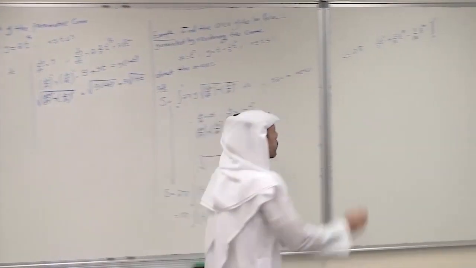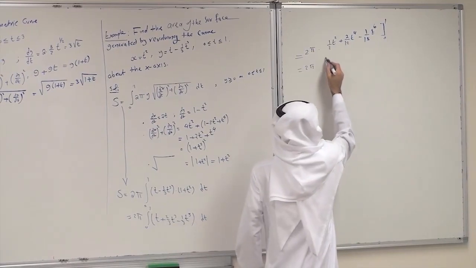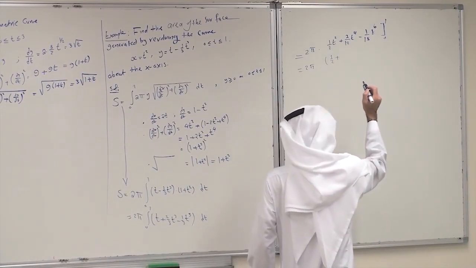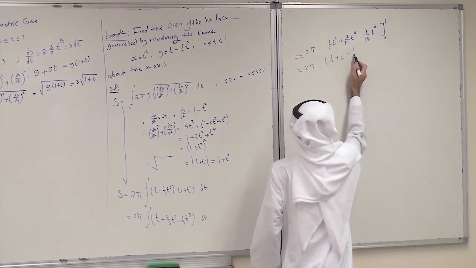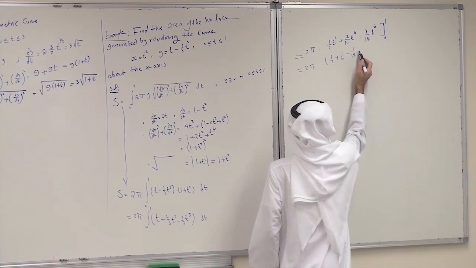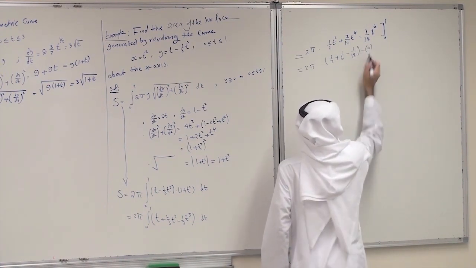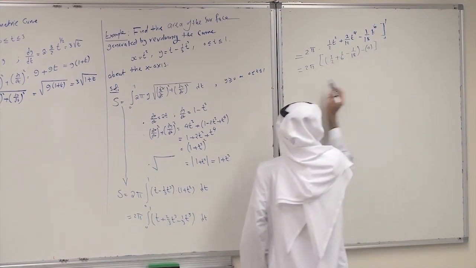Substitute, you get the following. This is just 2 pi. When t equals 1, you get 1 over 2 plus 1 over 6 minus 1 over 18. This is when t equals 1, minus when t equals 0, which gives 0. So this is to simplify.